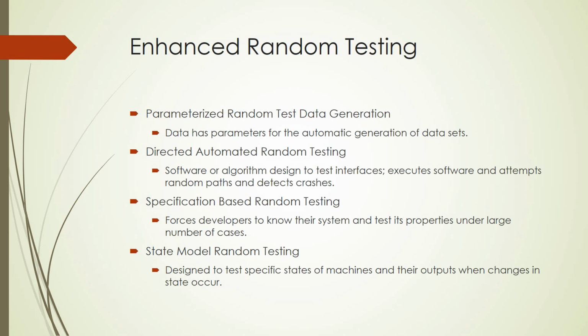The next one is directed automated random testing. This one is pretty much running a software or an algorithm that will go through our software and test to see if our interface is working. For example, on the PMO project, we can have a test where it will try to input random data into different fields and see what happens.